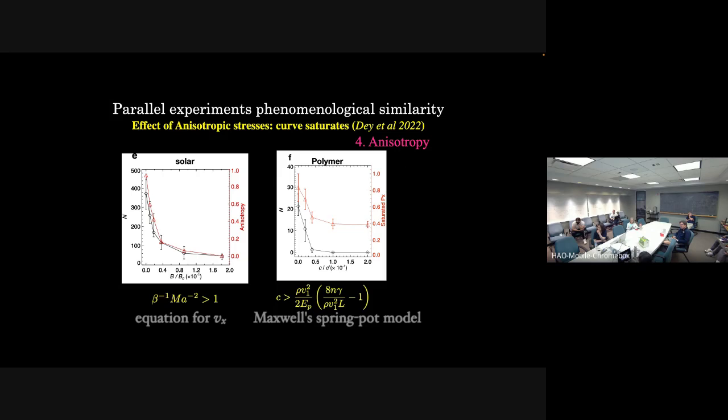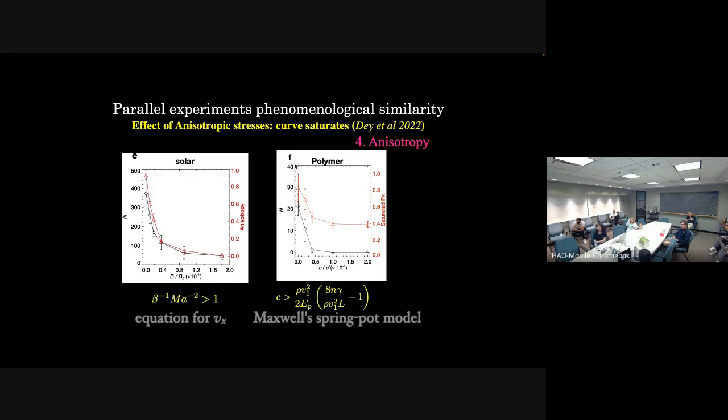So now it's the turn of doing this parallel experiment again. In the simulation we start from B equal to 0, and then we increase the magnetic field and count the number of vortices that are being formed, or the amount of anisotropy in the system. At magnetic field equal to 0, it's really isotropic, or there are many vortices, and then when you increase the magnetic field slightly, it just drops and then it levels off, it saturates.